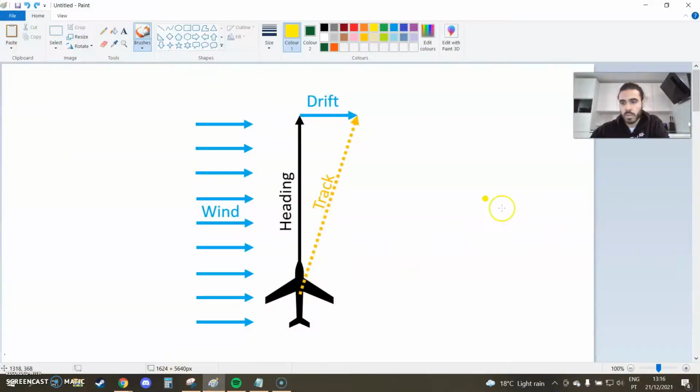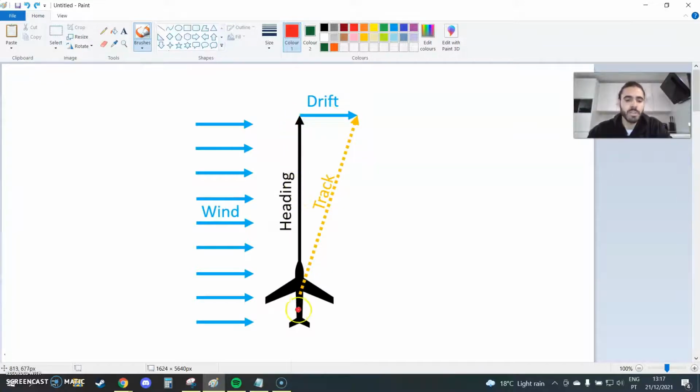For the core definitions, I want to start speaking about this triangle here, which is pretty basic for anyone who's taking the ATPL course, but I'm doing this for everyone. So if you don't understand the heading, or if you're starting the ATPL, the heading is basically where you're pointing to.